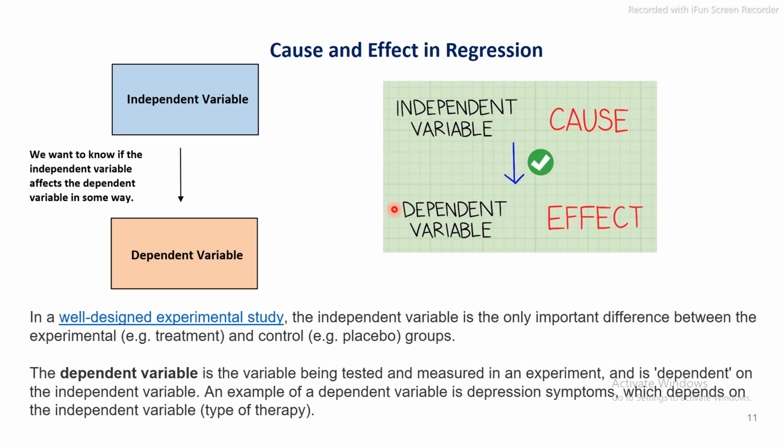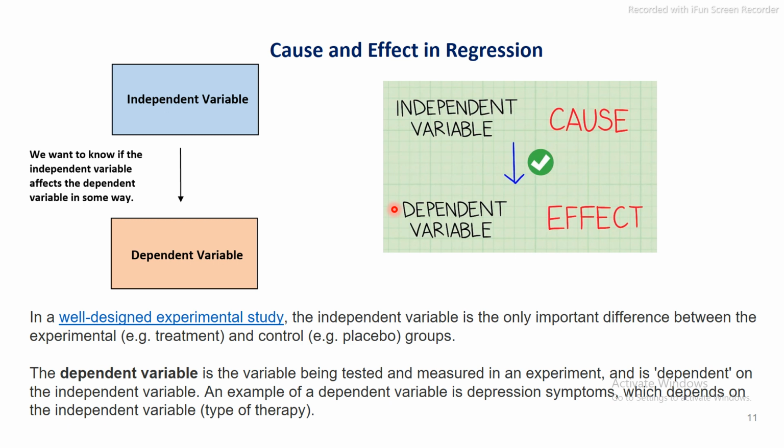Independent and dependent variables: there is something called cause and effect, the causality. So what causes what? If you put water on the plant, it grows. The cause is watering the plant, and the effect is the growth of the plant.